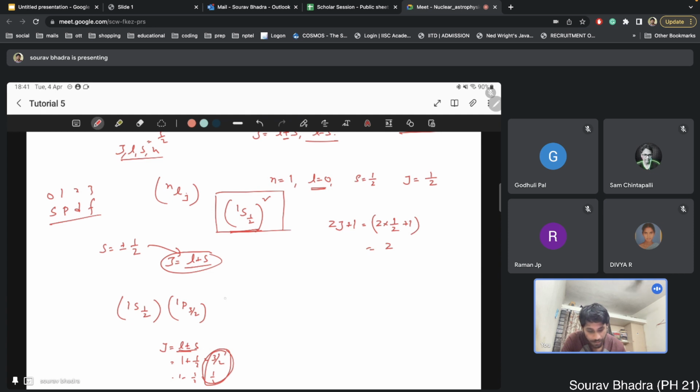So 1p 3 by 2, then 1p half, then 1d 5 by 2, 2s. You can see here we have come to 2, that means the n quantum number has changed to 2. So 2s half, 1d 3 by 2, and others. In this way you can write it, or you can go to any of the books.